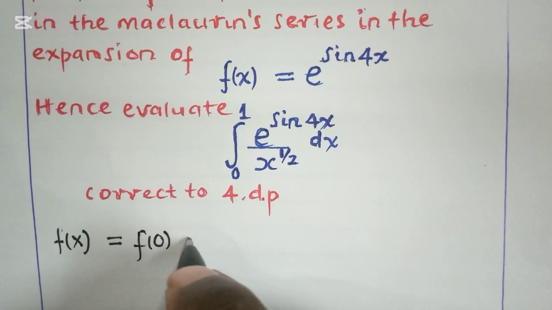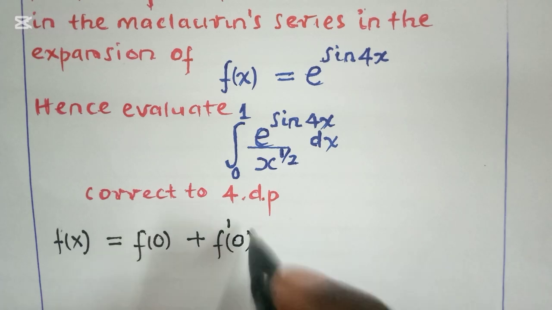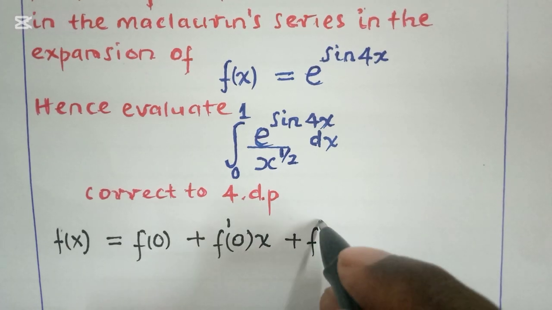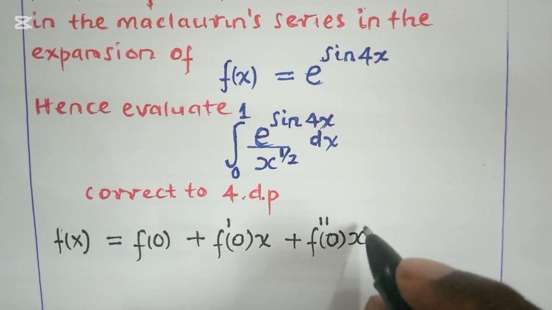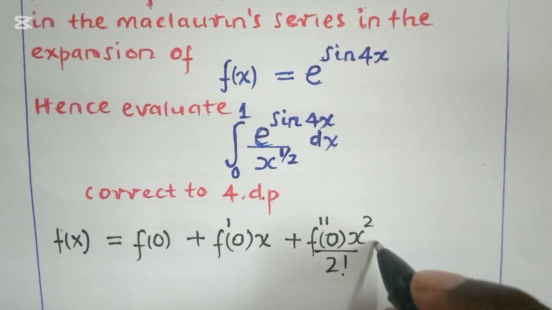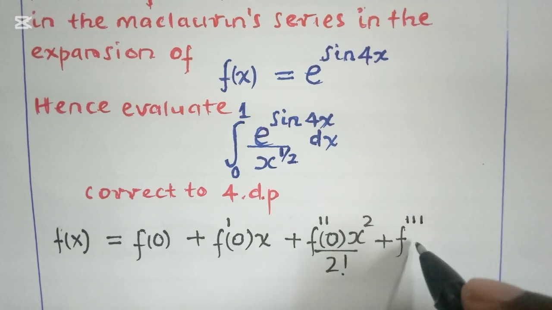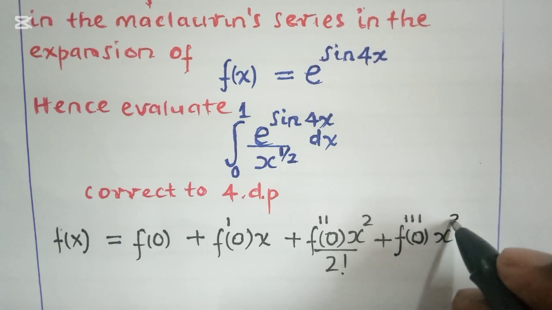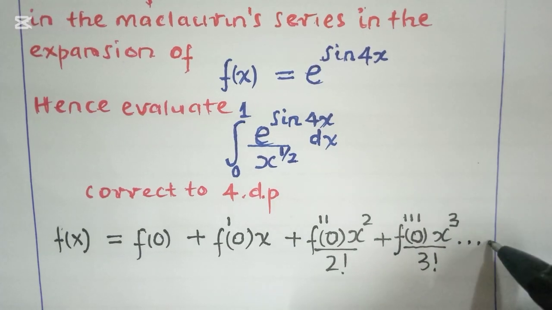And then we go to the first derivative, f'(0) x, plus f''(0), that is the second derivative, x squared all over 2 factorial, plus f''' (that derivative) at 0, x cubed all over 3 factorial. And then this one continues on and on.